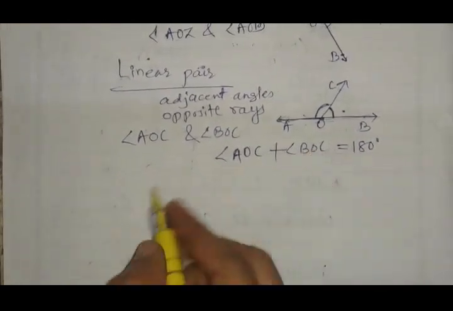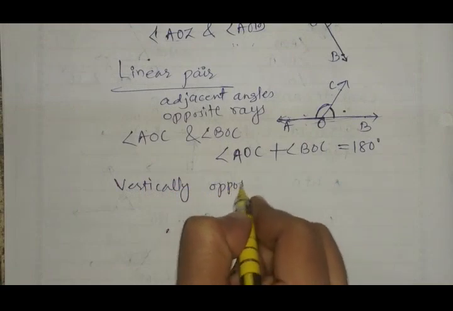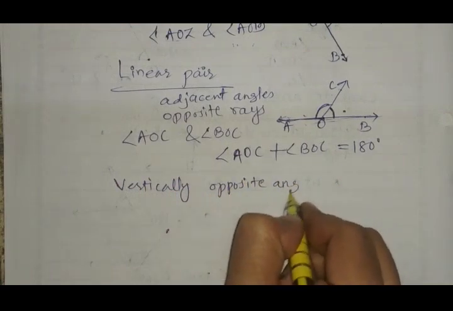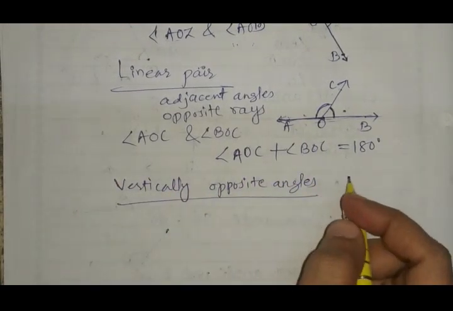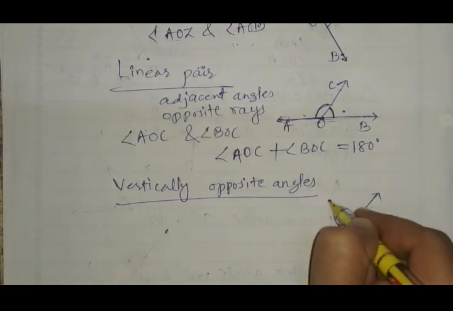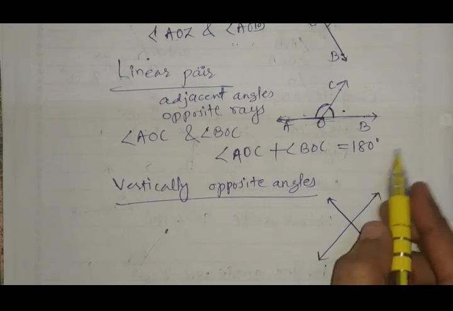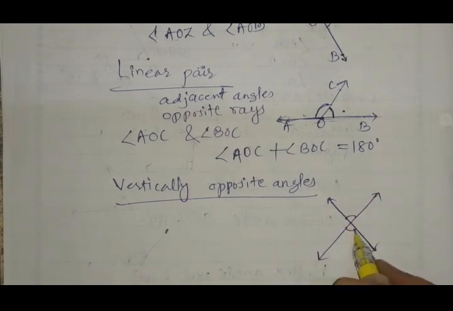Now next we have the vertically opposite angles. What are vertically opposite angles? Consider two intersecting lines. Here we don't have a common arm, and the angles formed opposite each other are vertically opposite angles.